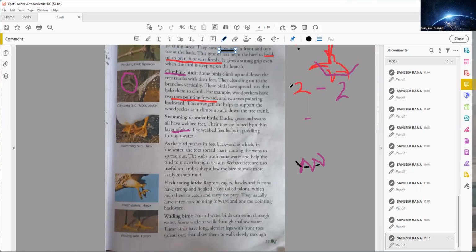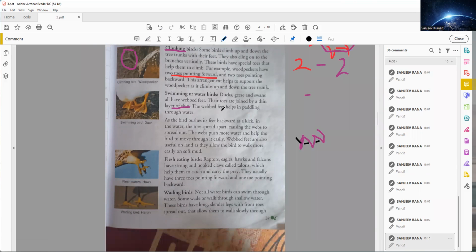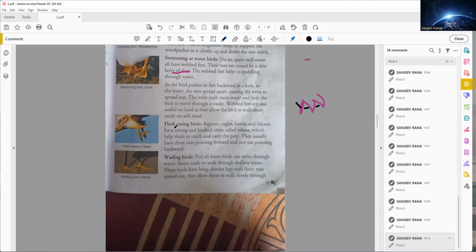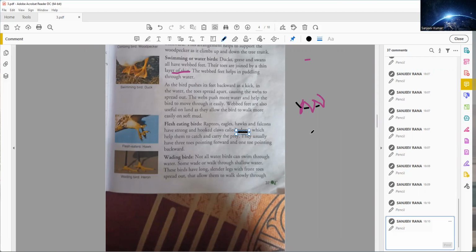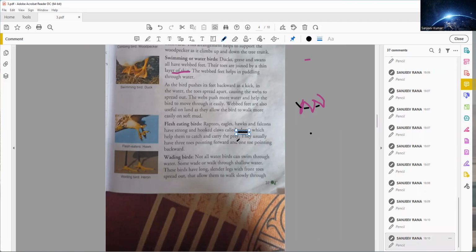Now in climbing we read 2 in front and 2 at back. In web feet, in the water birds, we read that ducks have web feet. In flesh eating birds they are specifically called talons, which help them to catch and carry the prey, and they usually have 3 pointing forward and 1 pointing backward. Okay, 3 is to 1.